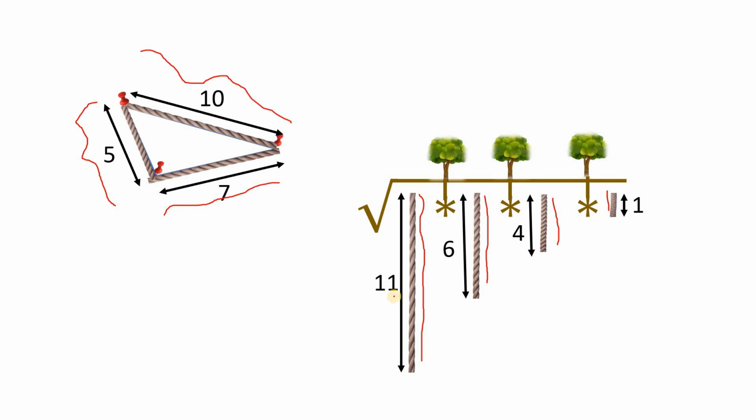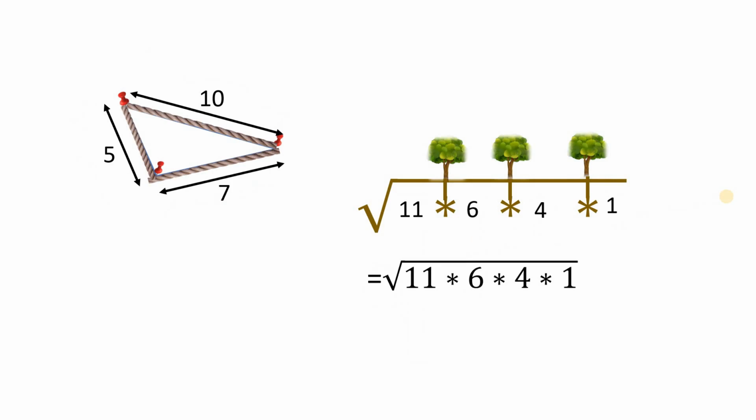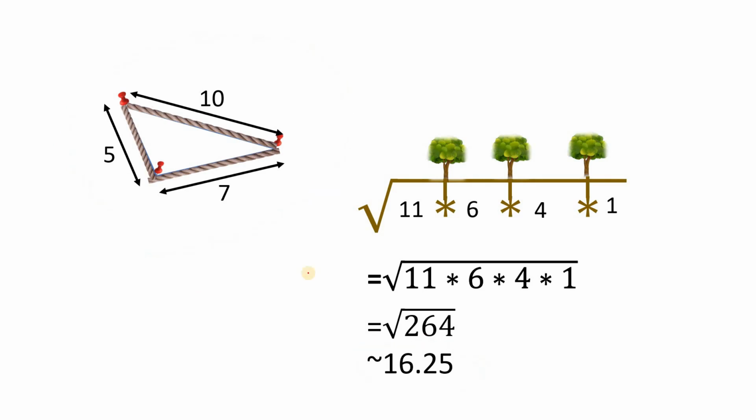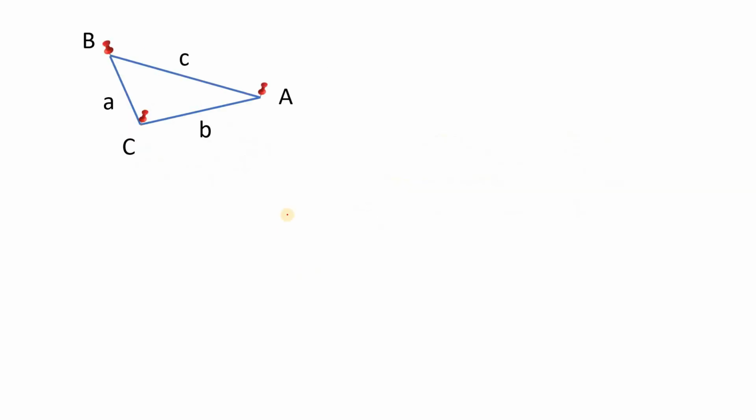What we can see here is that if we replace the measurements over here with 11, 6, 4 and 1 and then calculate the result, it gives the area of this triangle, which is almost equal to 16.25. You may be surprised, how does it work? Let's see mathematically why it works.